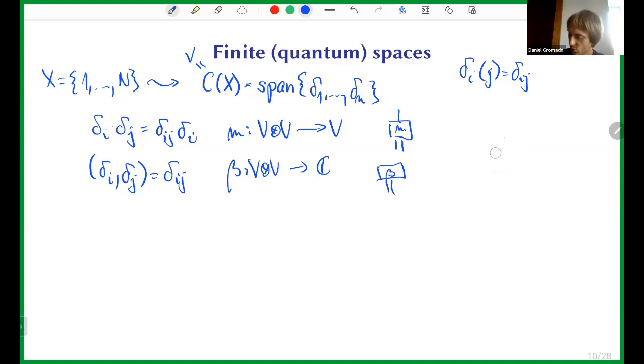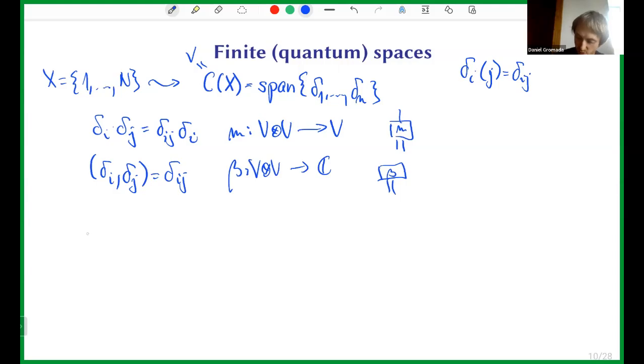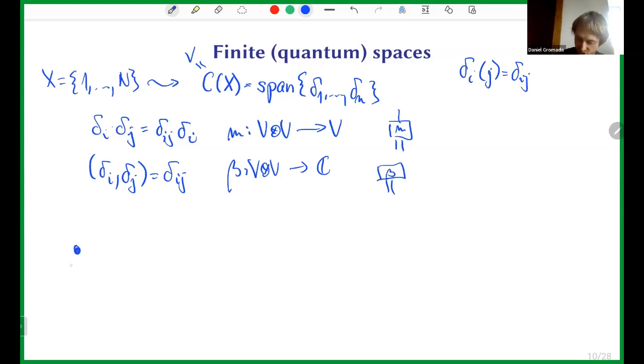Well, first of all, it's convenient to introduce a notation. What I will introduce are those so-called spiders. I will introduce such diagrams. Here are K inputs and L outputs, and this is just a black dot or blue dot. And this will stand for some linear operator from the kth tensor power to the lth tensor power.